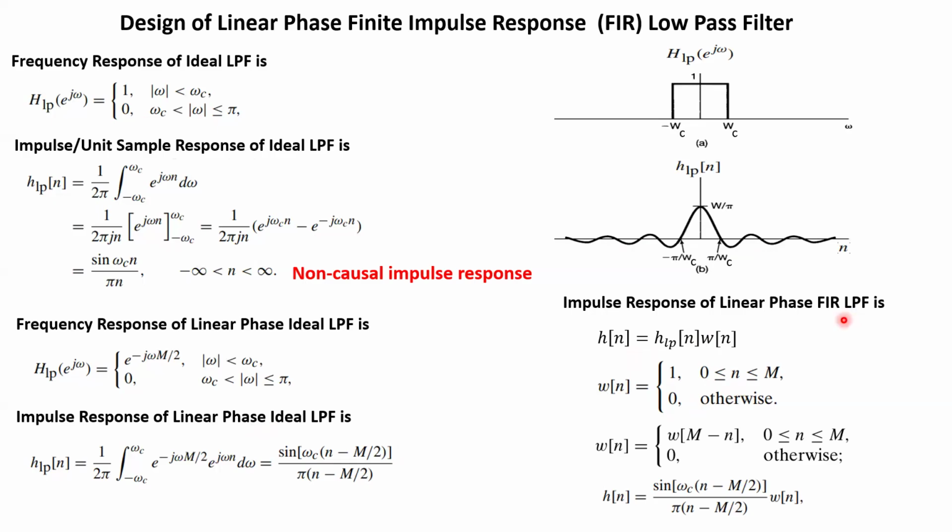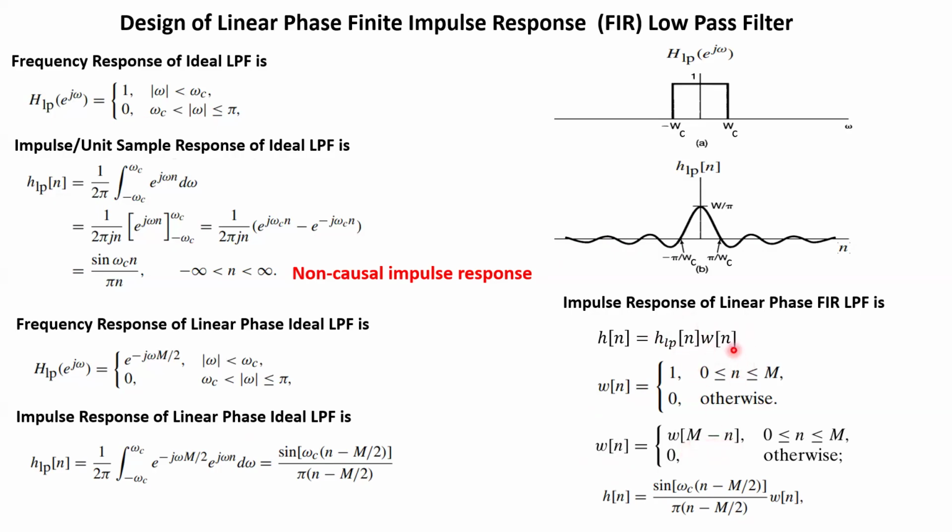So here you remember that whenever we choose this window function w[n], it follows a particular property. And what is this property? w[n] is equal to w[M minus n]. So it means that this window w[n], which we are going to multiply with the impulse response of the linear phase ideal low pass filter, is symmetrical around n equals M by 2.